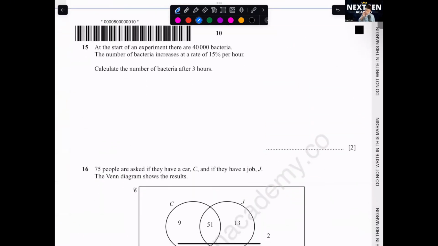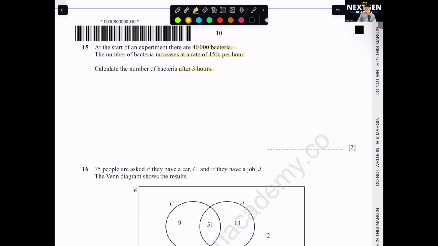At the start of an experiment, there are 40,000 bacteria. The number of bacteria increases at a rate of 15% per hour. Calculate the number of bacteria after 3 hours. What formula do we use for this? Bacteria increasing at a rate of 15% per hour, after 3 hours.